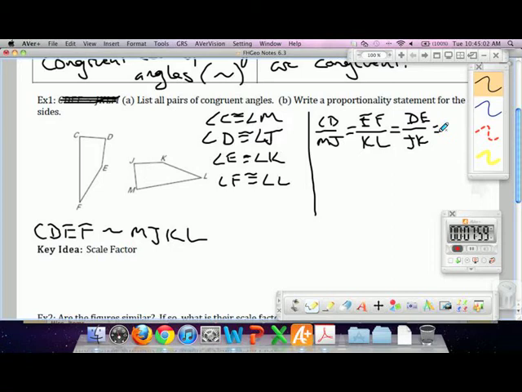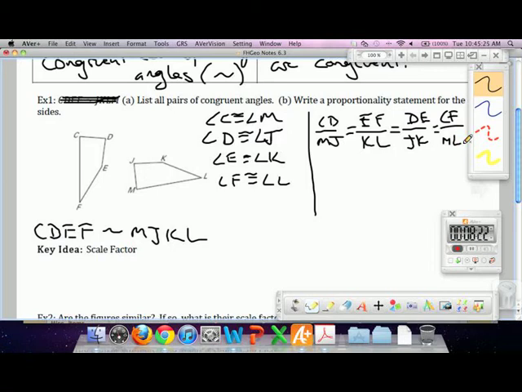I've got EF and KL. We've got DE and KL. There's one more that we get, Kelsey. CF over. These four proportions, these four ratios should all be equal.